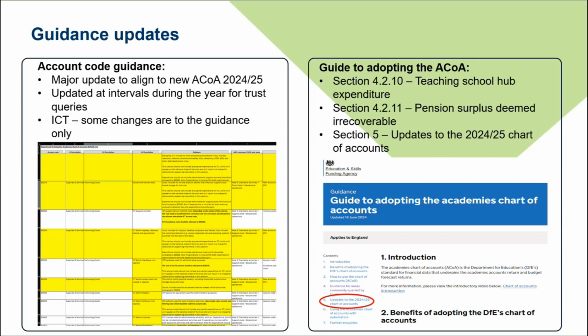As you can see from this extract here, where we've got yellows all the way across, that's where we've added new account codes. Some account codes we've just changed the description, and some we've changed the description and the guidance. So there's a whole mixed bag. I strongly suggest you look at those because that is the big change to the area.